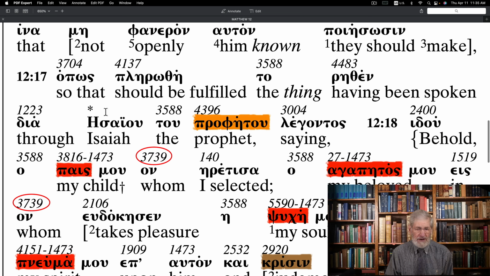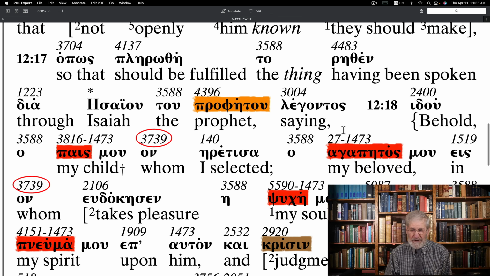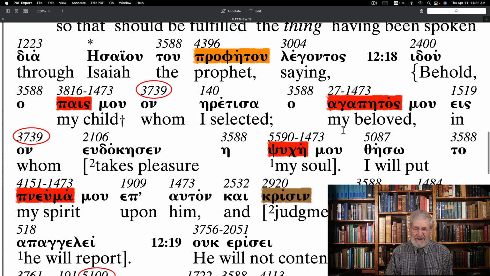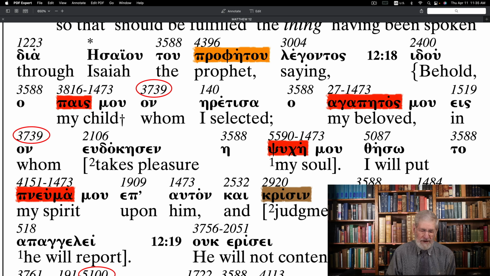But it continues in 17, "Opos plirothi torithan via Isaiu to prophetu legonta," so that should be fulfilled the thing having been spoken through Isaiah the prophet, saying. So now Matthew is tying this into Isaiah, and this would be a quote of Isaiah 42, 1-4.